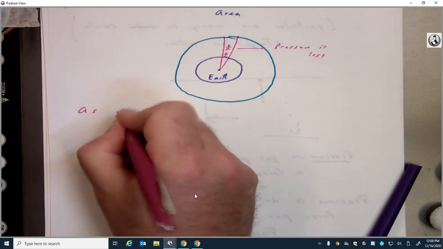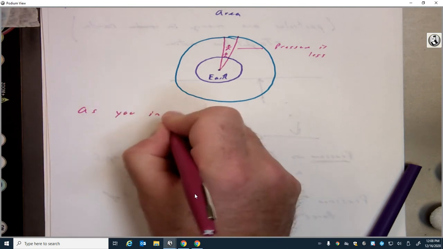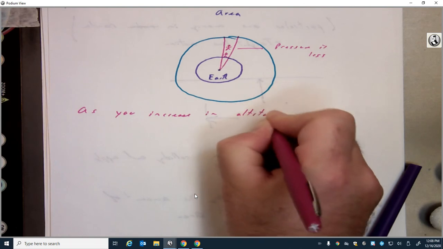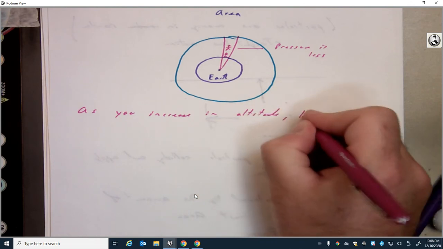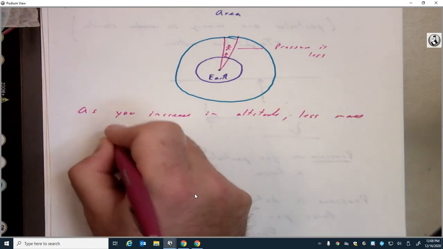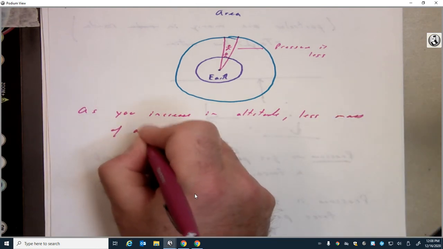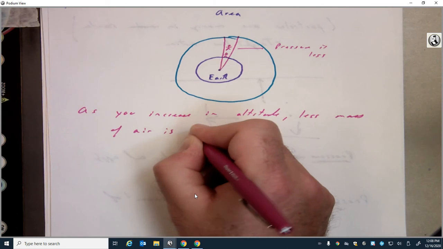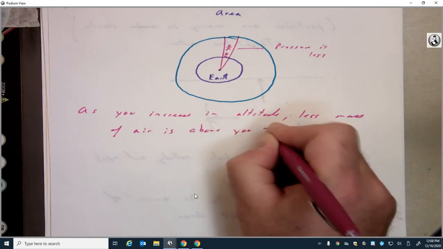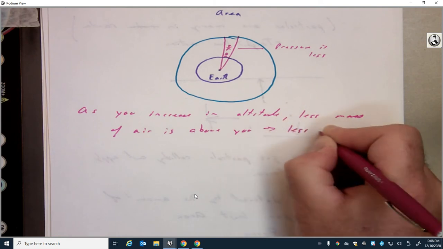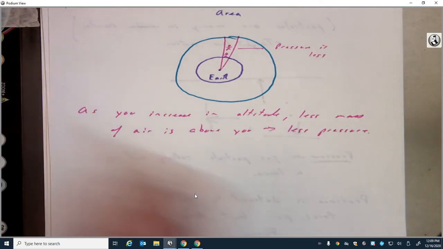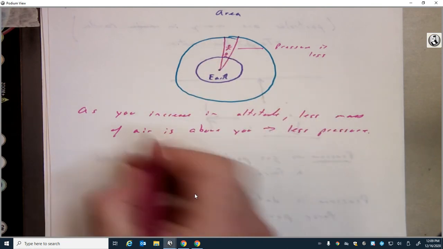So as you increase in altitude, less mass of air is above you, which means there'll be less pressure. Now, what measures this atmospheric pressure?